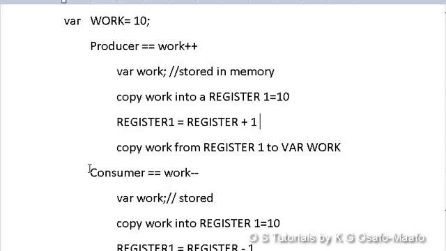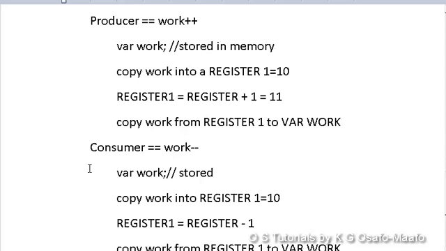Now, if the producer is brought back and he increases it to 11, and the consumer gets to run, he now brings it to 9. So there are now two cases, because remember, scheduling means one process could be scheduled at any time. Meaning the next thing that could happen is work could either be 11 or 9. And the question is, which one is the correct one?